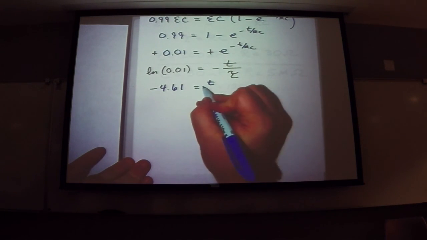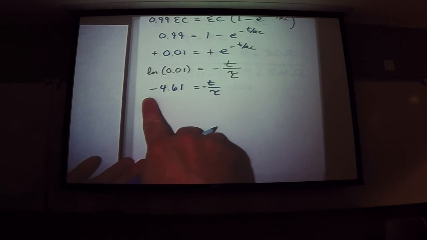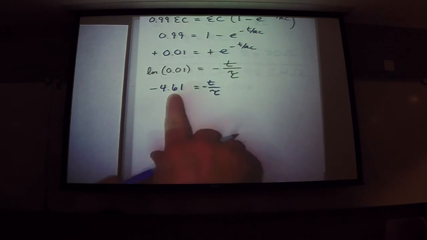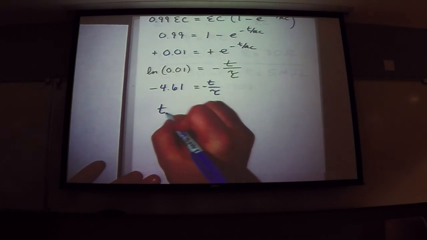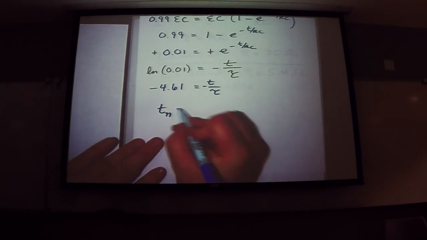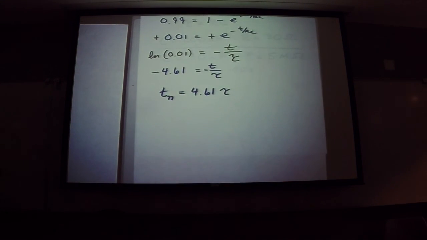Notice the negative signs are going to cancel again. I multiply through by tau, and I get that the time for 99% charge is equal to 4.61 time constants, tau. So if I wait 4.61 time constants, my thing will be 99% charged.